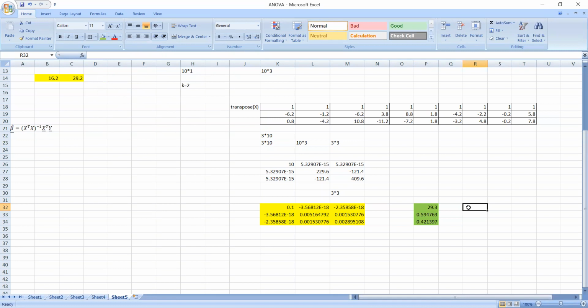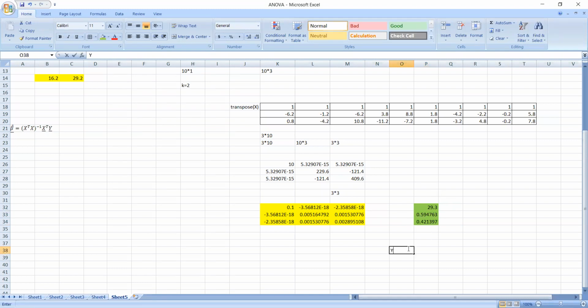Altogether, we have to estimate 3 parameters, that's why we have 3 values. The first value, 29.3, is associated with beta naught. This is beta 1 hat and this is beta 2 hat. When you write the model, you can use these values to write it.